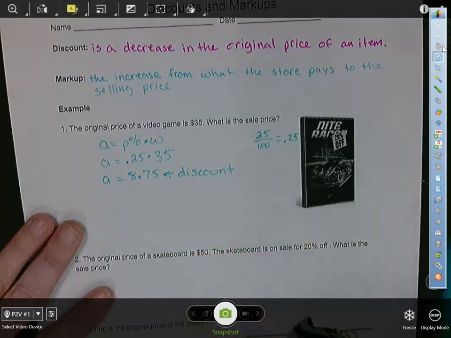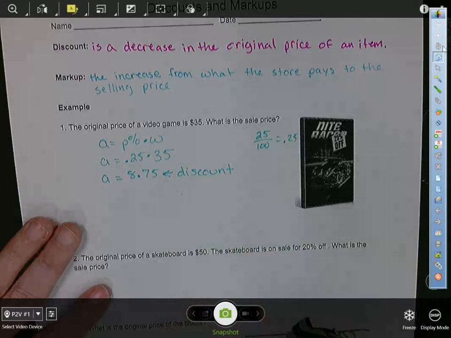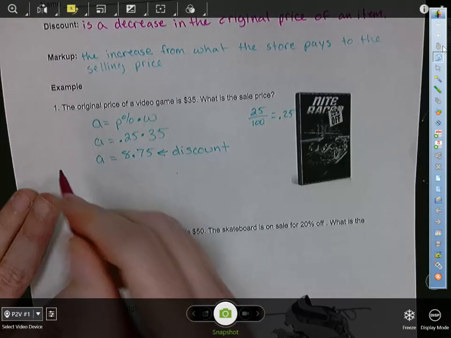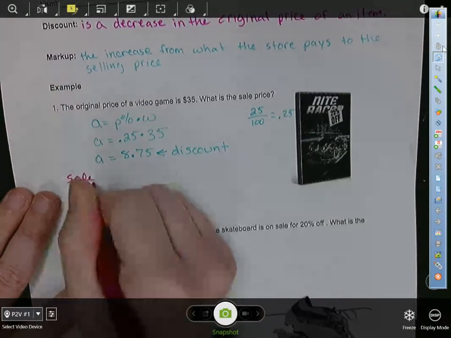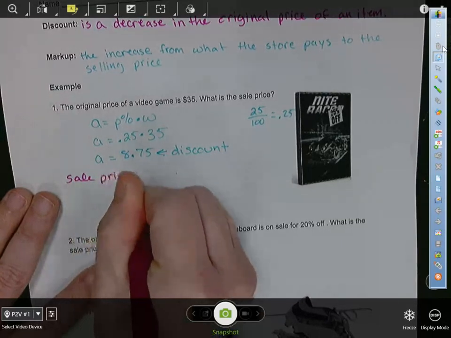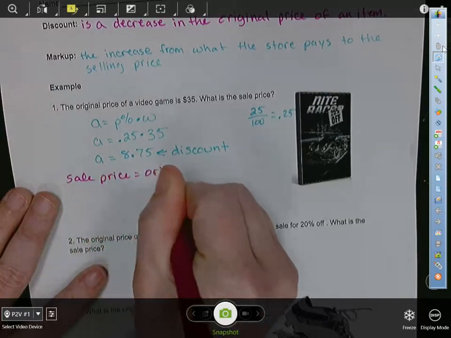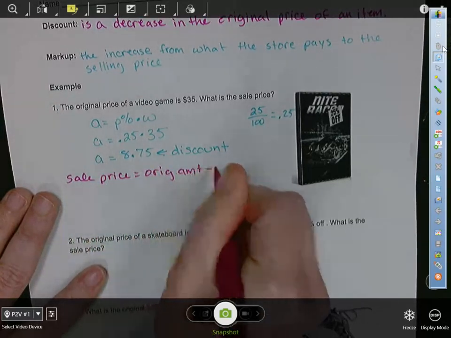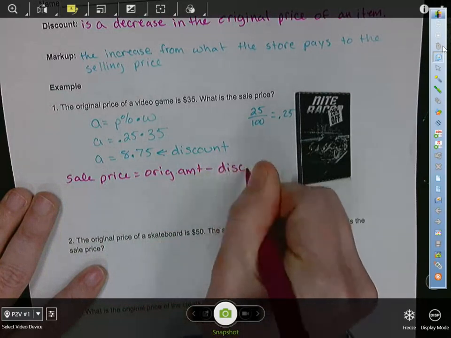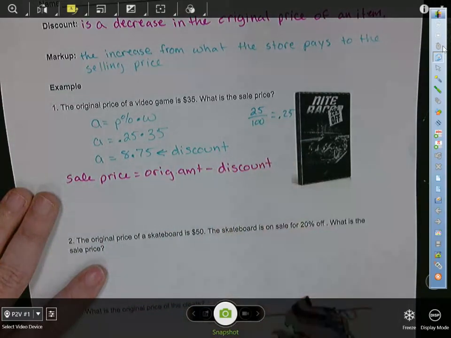Okay. Now I need to find the sale price. Okay, so to find the sale price, you take the original amount and you subtract the discount. Okay.